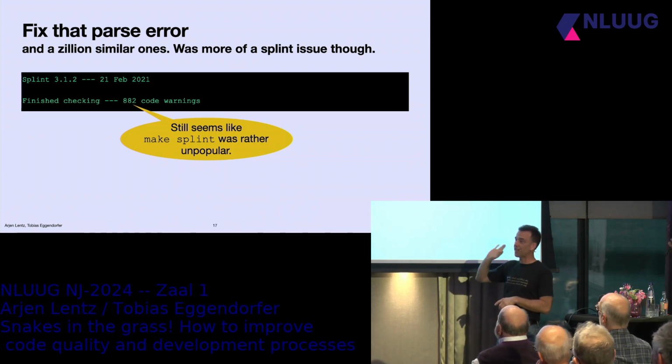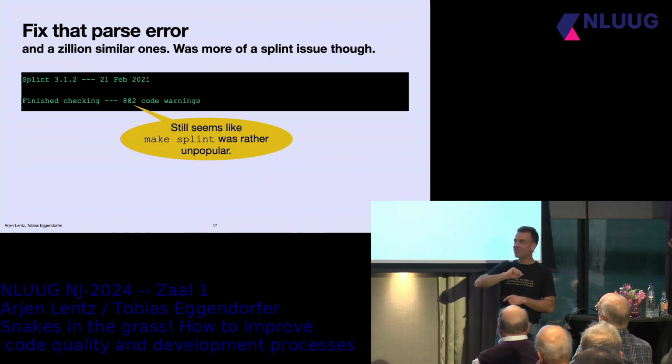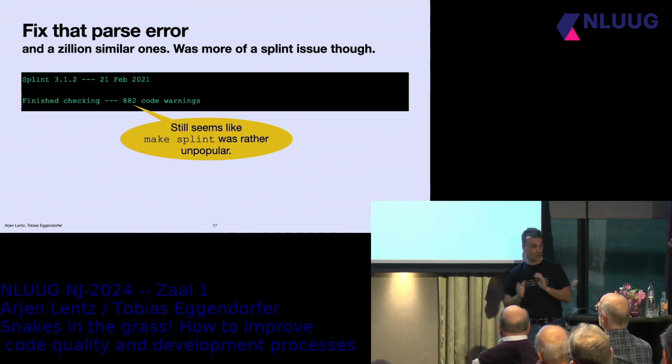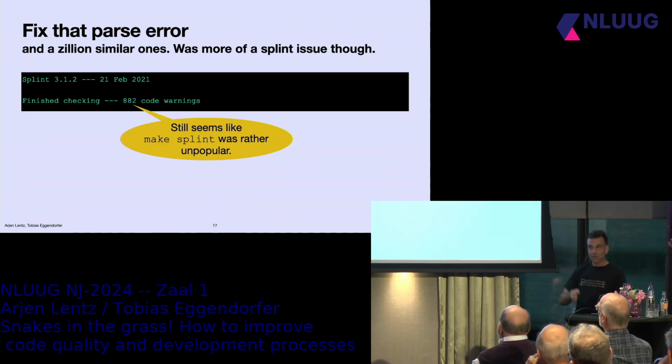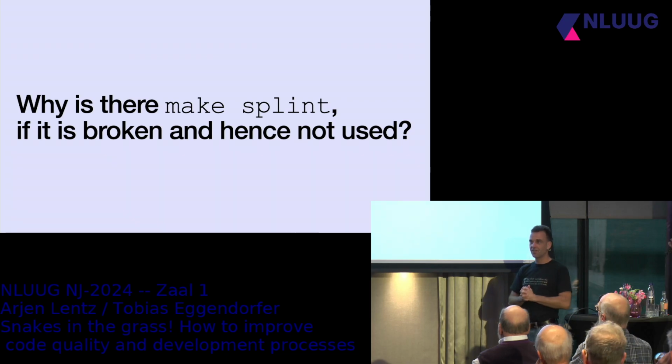We still get 882 warnings from splint. So even if they were able to run it, it should zero out that line. At least that was our expectation. And that's what we would like to see in code. And just, again, asking, why is there a make splint if it's not used?